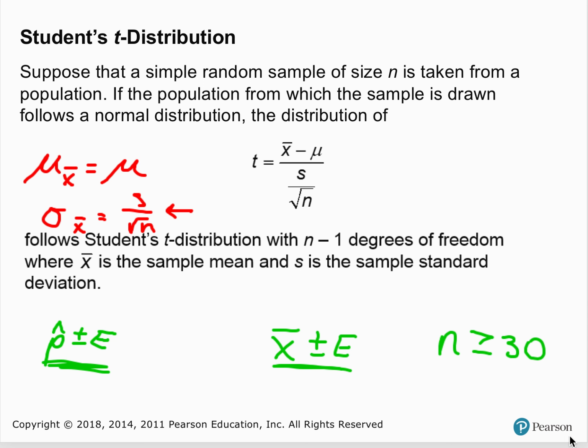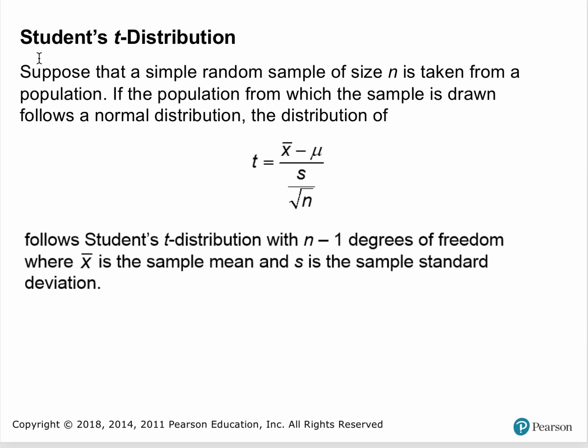So that's why we have the student's t distribution. It's called student's t distribution because the man who discovered it published his work under a pseudonym. He didn't use his real name, so he just called himself a student.